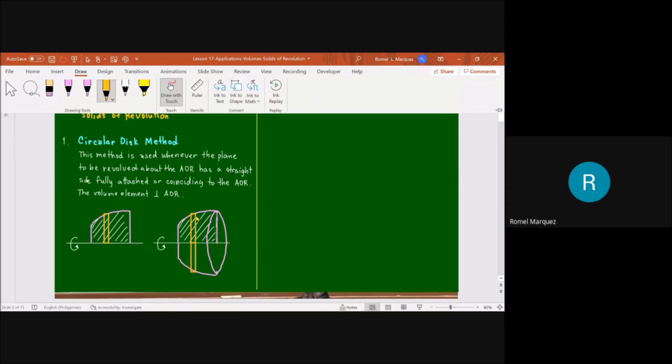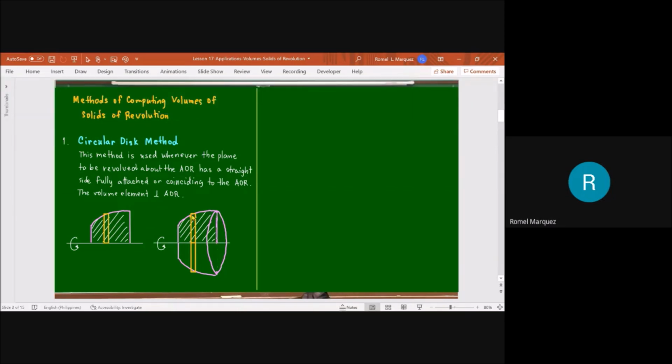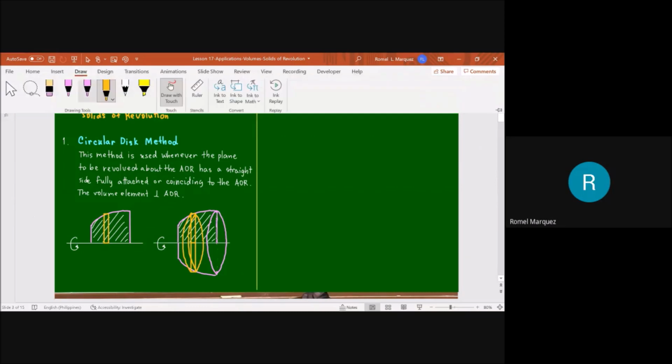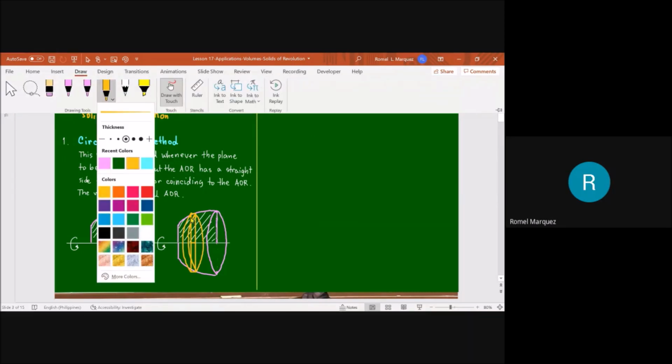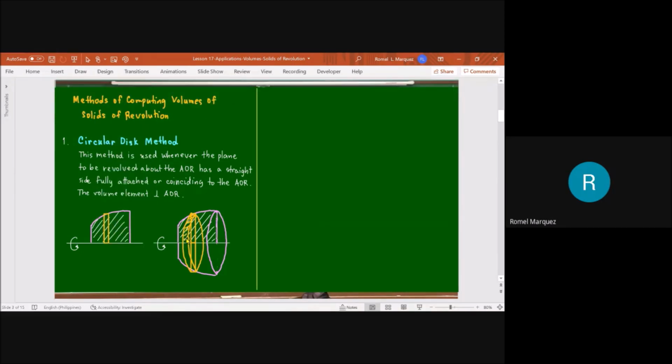So this is how it looks. I will be able to form a disk. So this is the approximate shape of the disk. Can you imagine the disk, guys? So this is the disk.